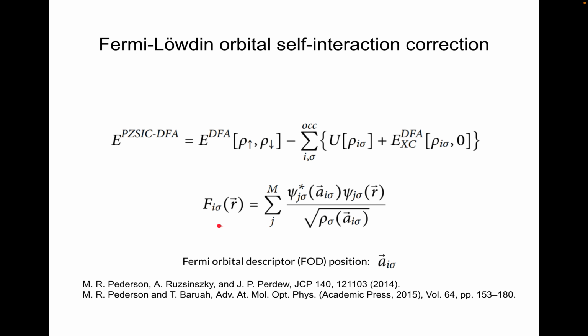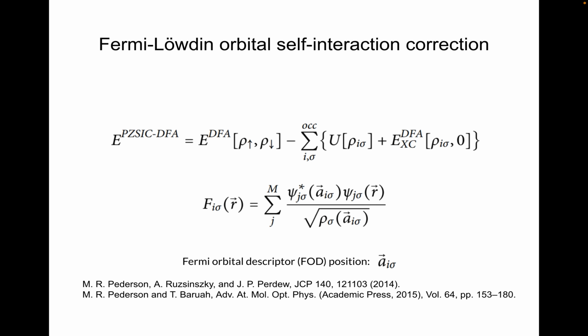The Fermi orbital is a local orbital, but they are not necessarily orthogonal to each other. So you perform the Löwdin orthogonalization scheme to form the Fermi-Löwdin orbitals.